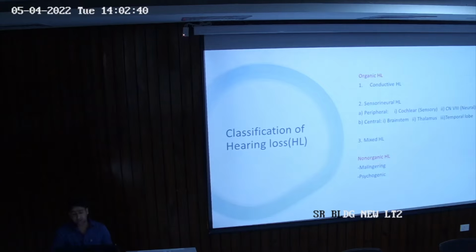Central is organic hearing loss due to brainstem lesions, thalamus or temporal lobe lesions. Mixed hearing loss means conductive as well as sensory neural component, if a hearing loss has both. In non-organic, there are multiple subtypes, but we are more concerned with malingering and psychogenic hearing loss.